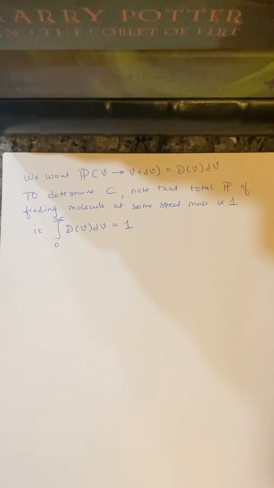Let's plug this value into the previous equation I wrote so that we can go ahead and solve that integral and get the value for C. Once I get the value for C, we're going to put that value back into the equation I blocked in the previous slide, and it's going to give us the distribution for the different speeds of molecules in an ideal gas.